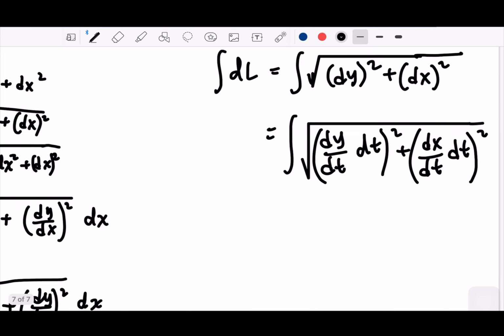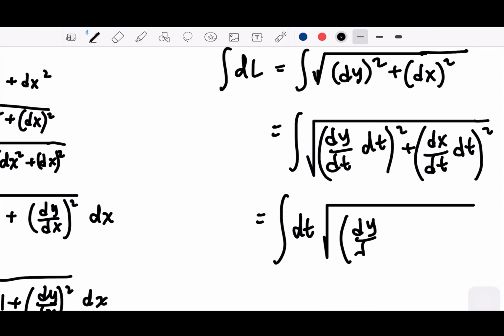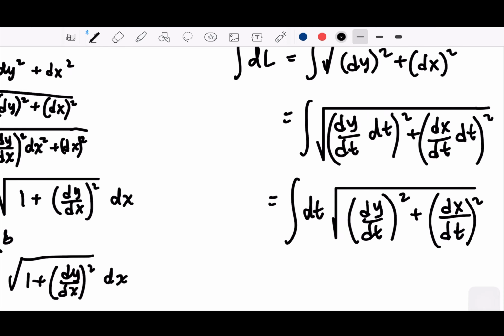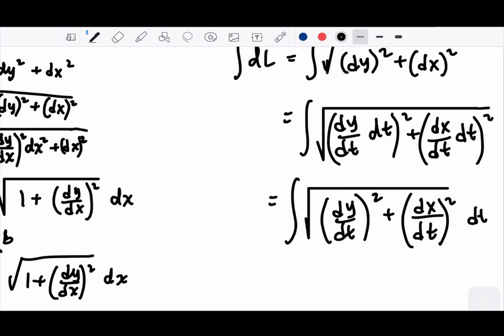So we can exchange, and we can further factorize the dt. Or maybe the dt should be at the back, so that the integral seems true. Okay.